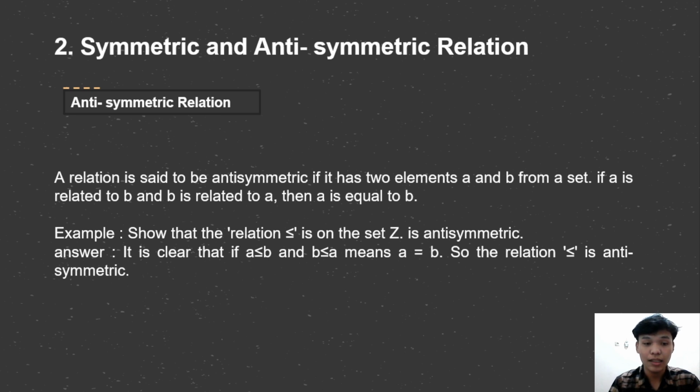The answer: it is clear that if A is less than or equal to B and B is less than or equal to A, it means A is equal to B, so the relation less than or equal to is antisymmetric.